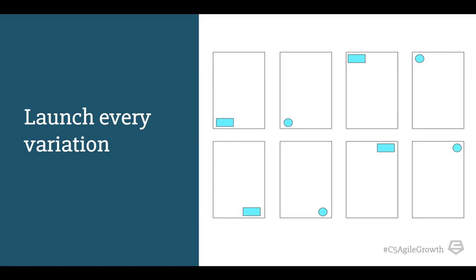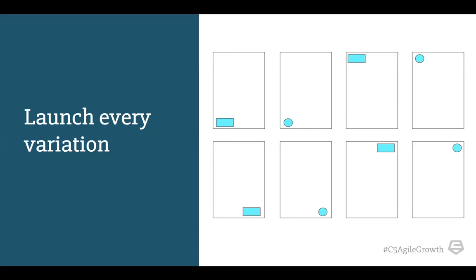So the idea here is, after you've designed every iteration, to make sure you're launching the variations that will be able to tell you why one interface performs better than the other.